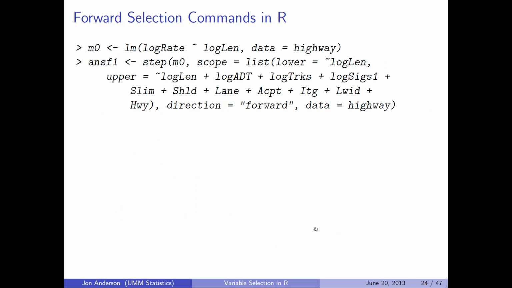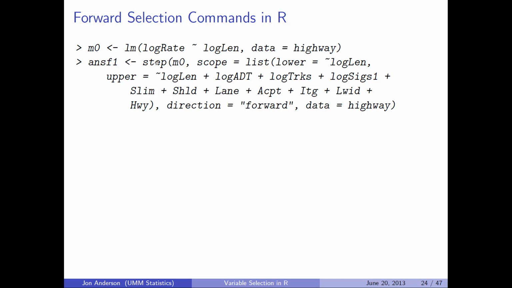Here is an example for doing forward selection. I make a base model, M0, that uses the log of, I believe, accident rate for some highway data, as the response, and I'm going to use the log of length of roads as the only predictor, and it's from the data frame highway.